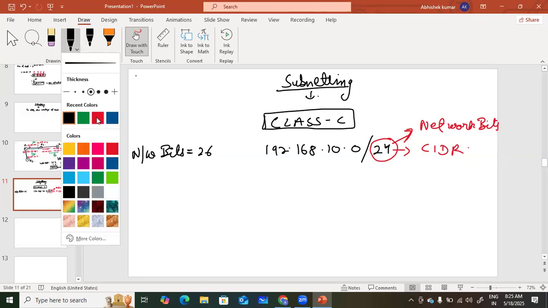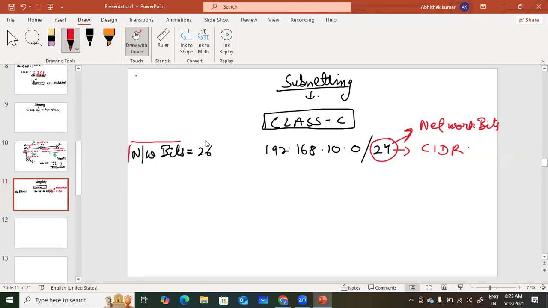This is what is given to me by my manager, and this is the default network bits for class C only.